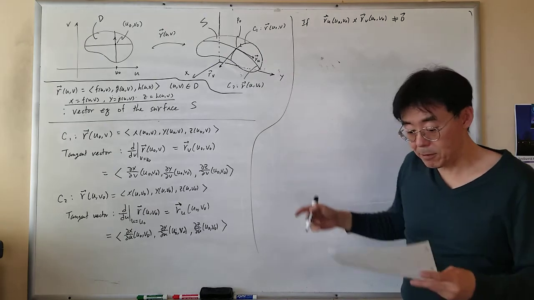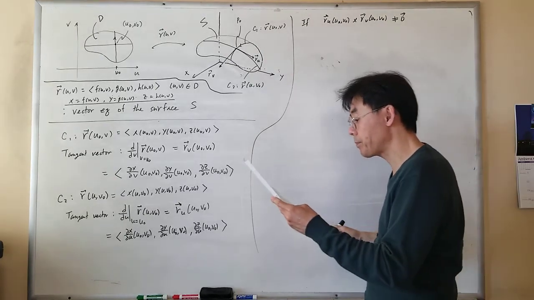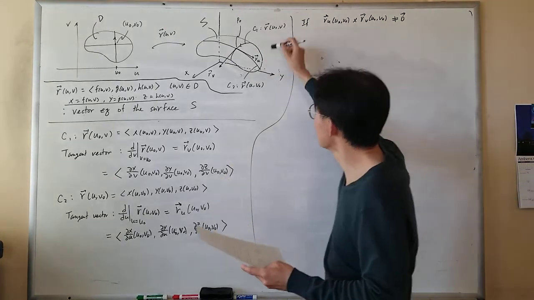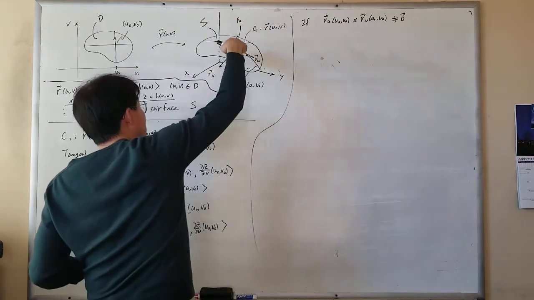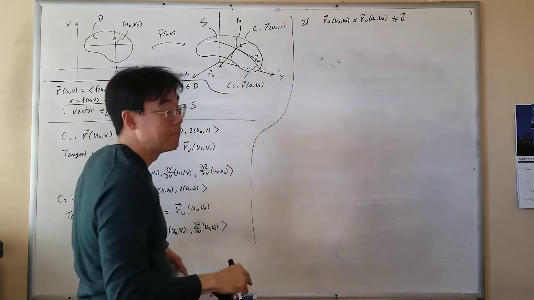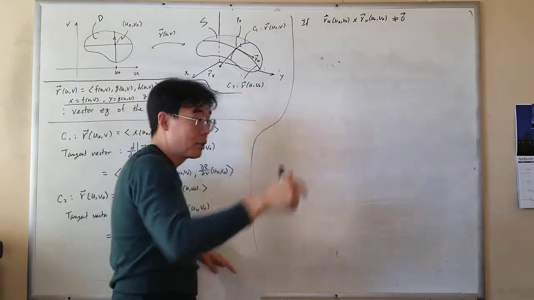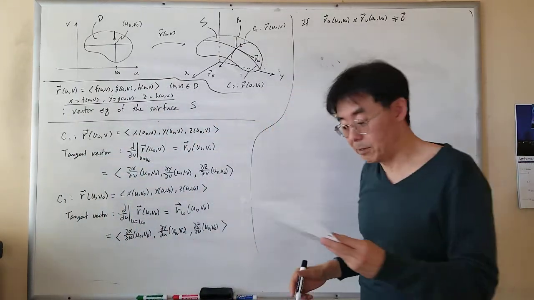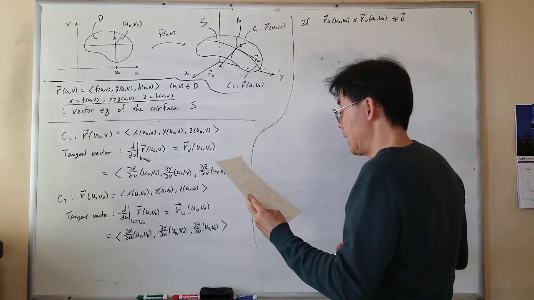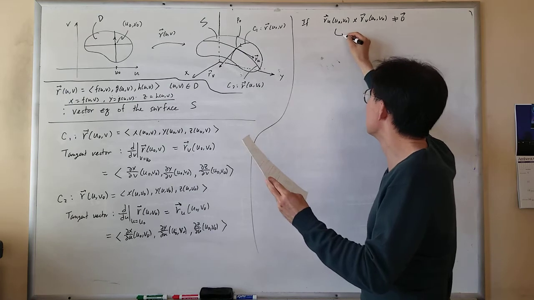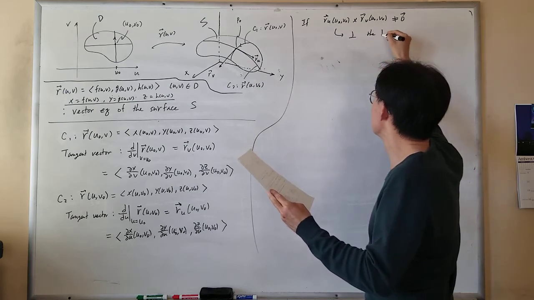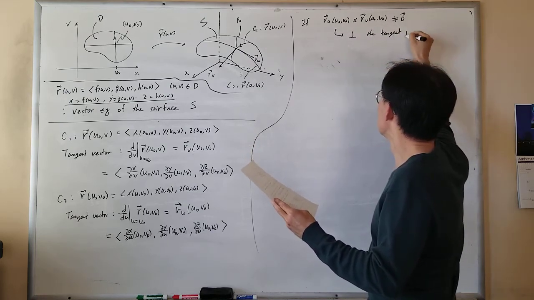If they are not parallel, then the cross product will be perpendicular to the tangent plane to the surface, right? Then it is normal. This is perpendicular to the tangent plane. All right.